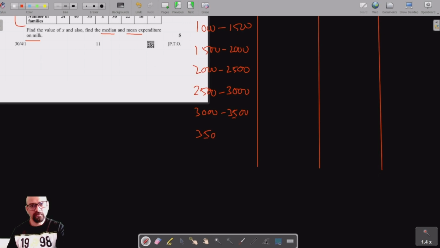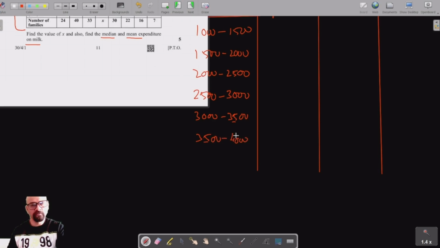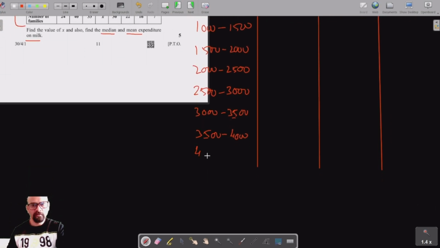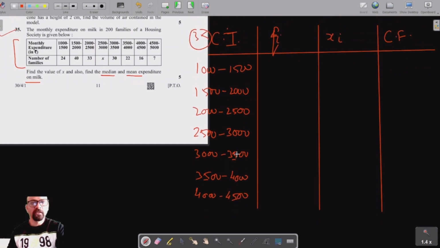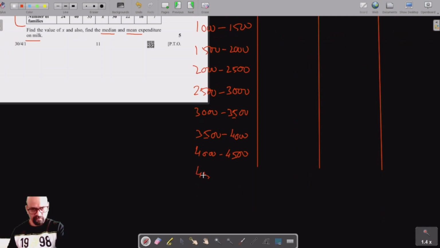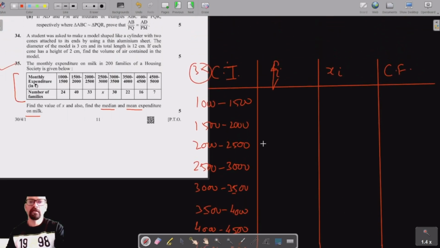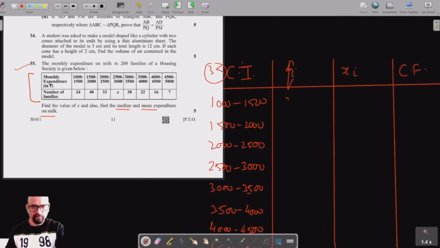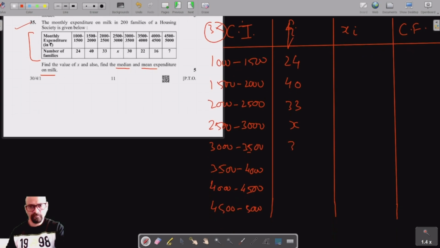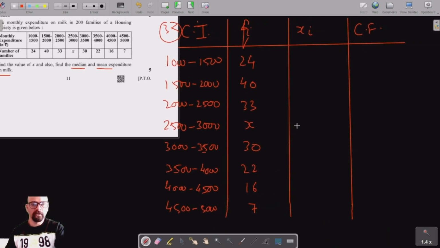Next is 3500 to 4000, and 4000 to 4500, 4500 to 5000. Okay, now the frequency for all these intervals is 24, 40, 33, x, 30, 22, 16, and 7.